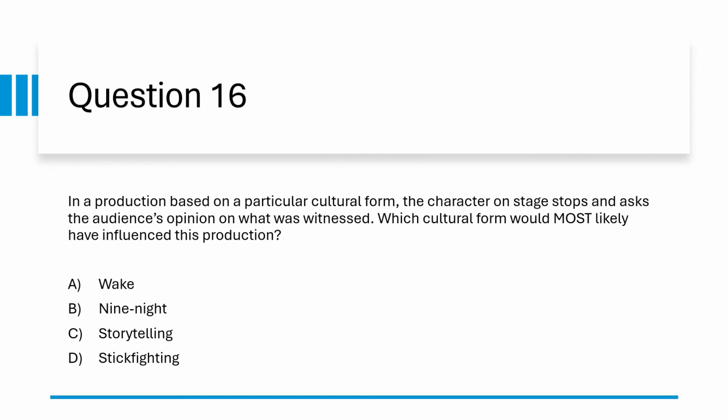And so if you are going to give a response that has to do with wake or nine nights, you would not necessarily utilize the two terms in the options. And so right off the top, we can remove the A and the B. So we are left with two options: storytelling and stick fighting.